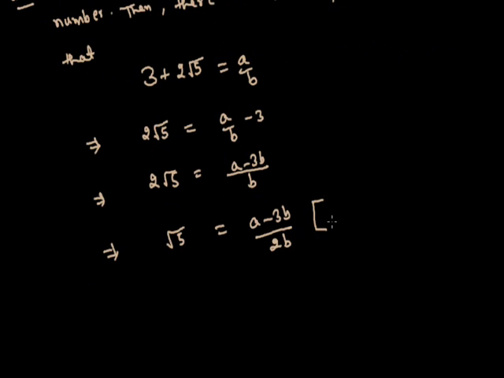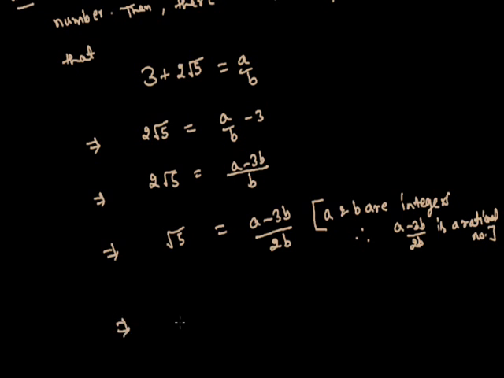Now a and b are integers. Therefore a minus 3b upon 2b is a rational number. It implies that root 5 is rational.